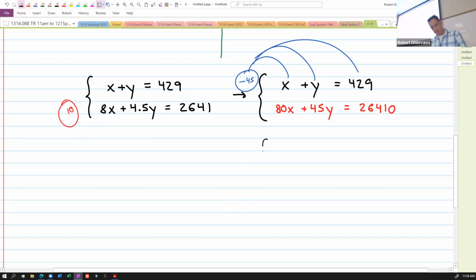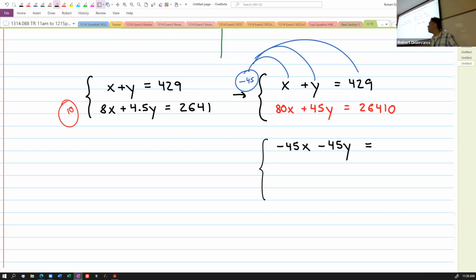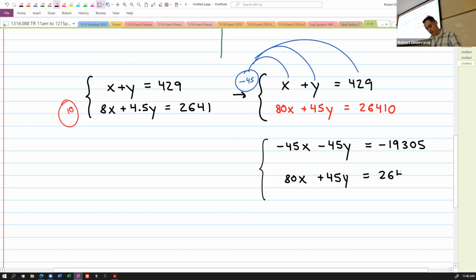Okay, our new system will be negative 45X, negative 45Y, and then you probably need your calculator. What's negative 45 times 429? Negative 19,305, okay. And then here we have the bottom equation, 80X plus 45Y equals 26,410.